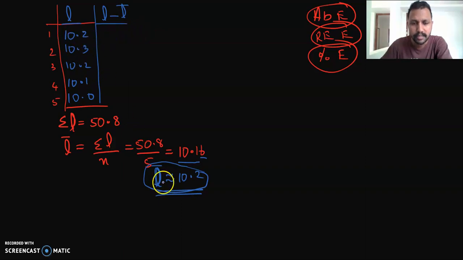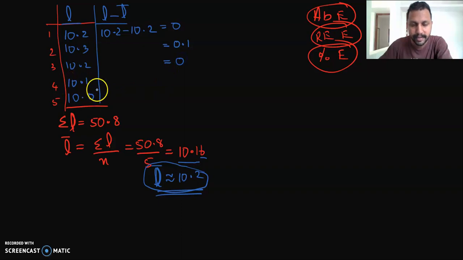That is, in this case, we will have to write 10.2 minus 10.2, that is 0. Then 10.3 minus 10.2, it is 0.1. Then 10.2 minus 10.2, it will be 0.